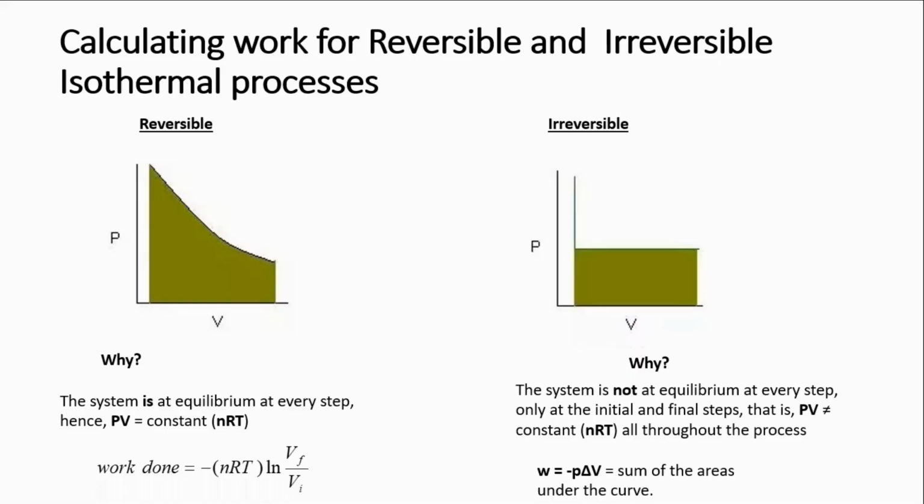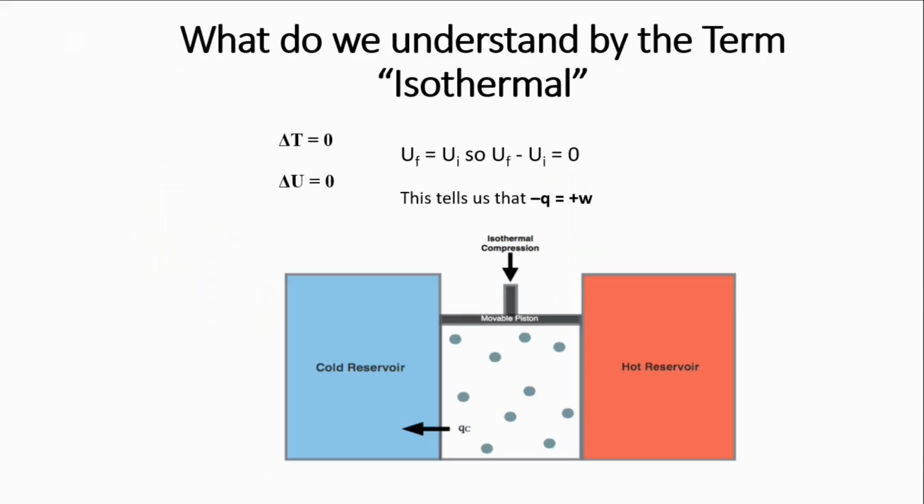The work is equal to minus nRT ln V final over V initial, that equation which we derived previously. So the work is calculated differently. However, for both cases, the work is just equal to the area beneath the curve. However, they are calculated differently. So that is important to note.